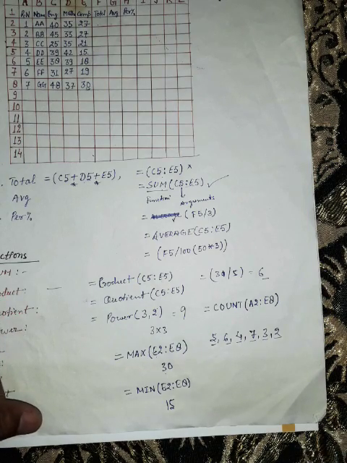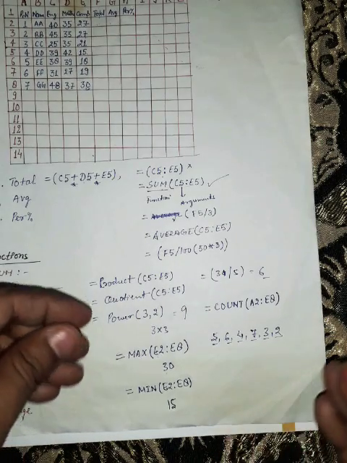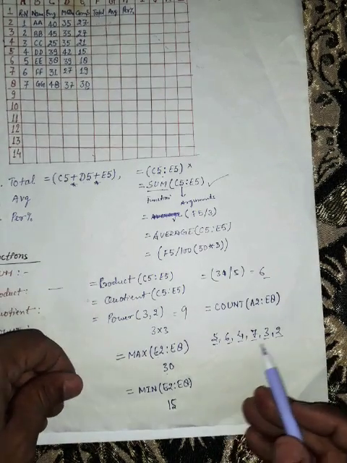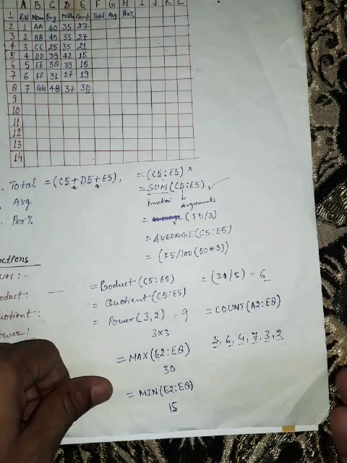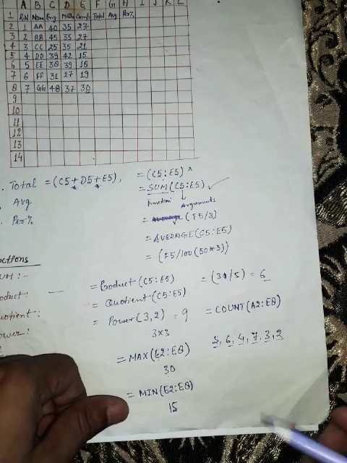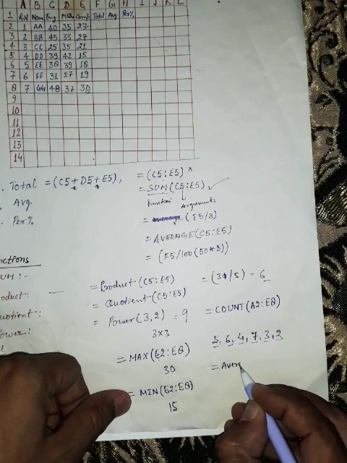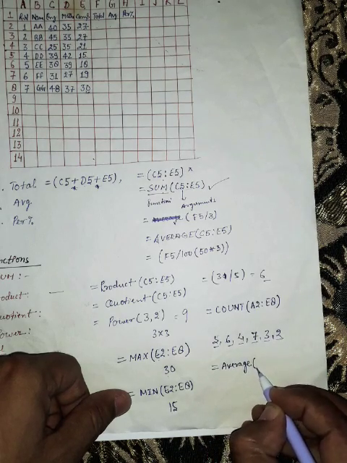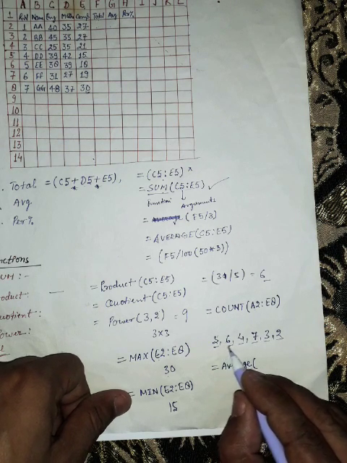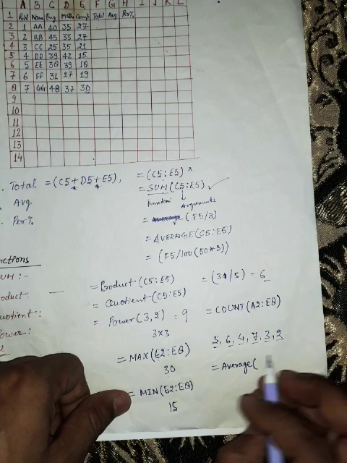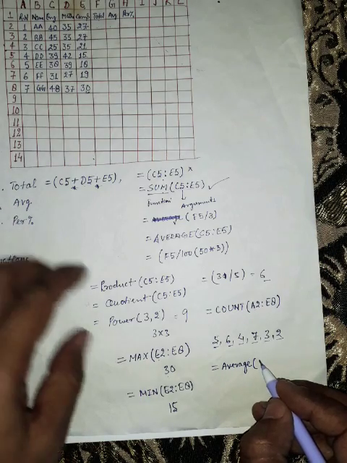We can get it very easily for any value, any number. Here the numbers given are of your running, but it can be another value related to any item, any project or anything. So you get the average with the equal sign, then AVERAGE, and you write the numbers as you have written them, like 5, 6, 7, 4, 3, 2, or you can directly enter the cell address where you have written the numbers.